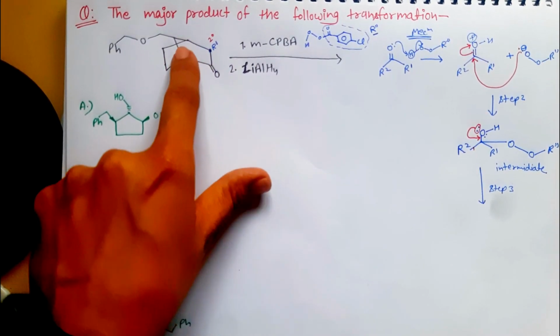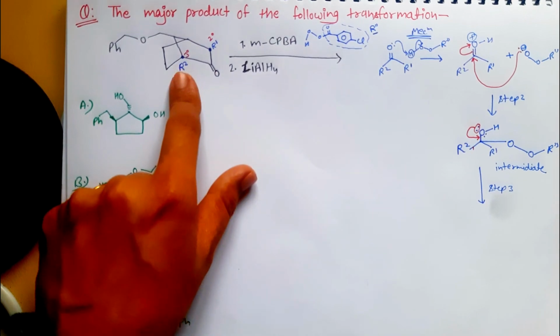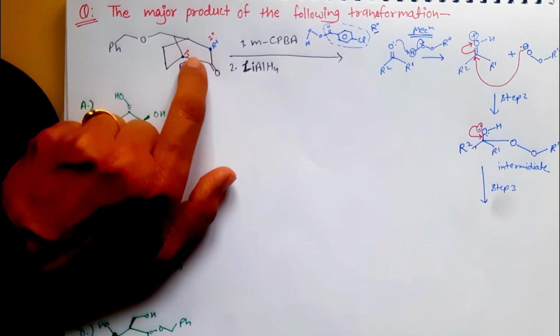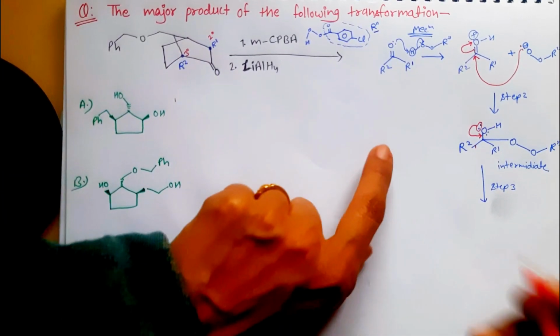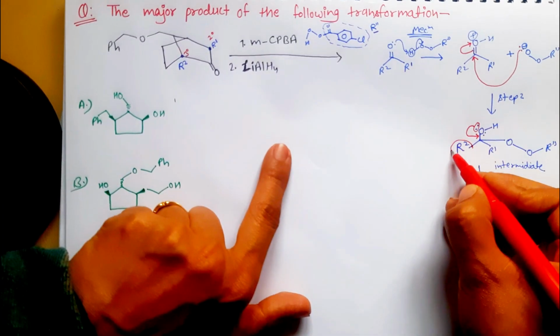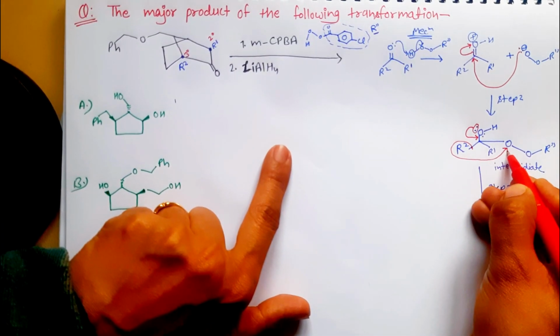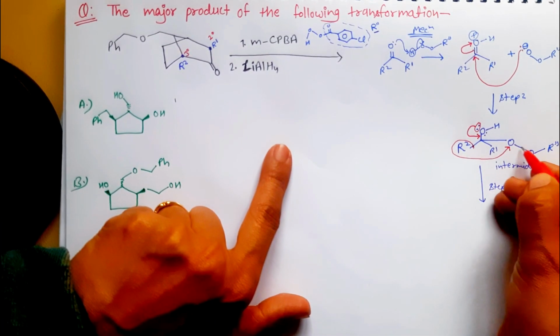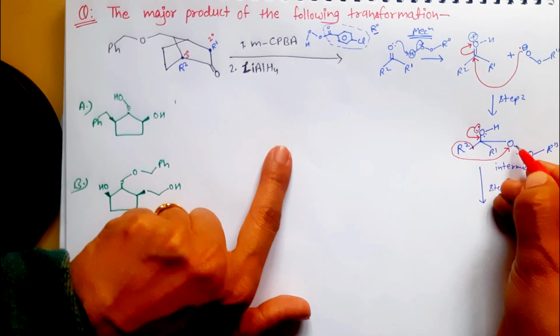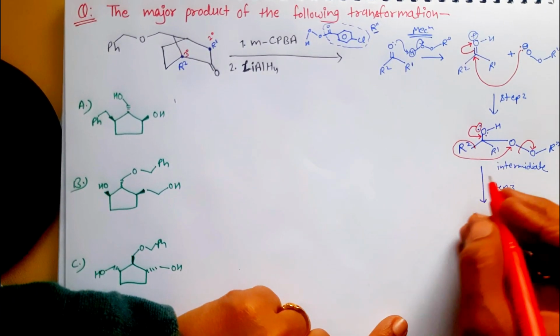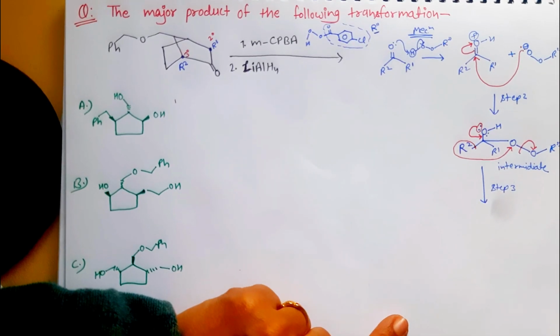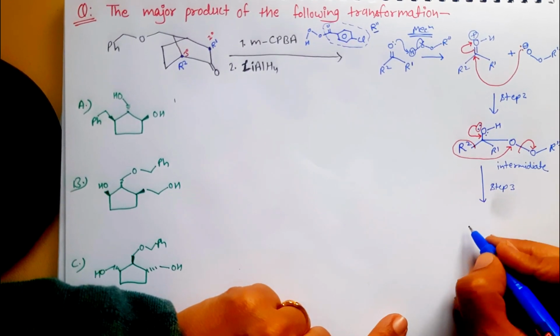When the 3 degree carbon shifts to this oxygen, it is a favorable cation, so this bond breaks very easily, and a new C-O bond forms. So here the R2 group shifts to this oxygen atom, and this oxygen-oxygen bond breaks, and these bond electrons shift to this oxygen atom.